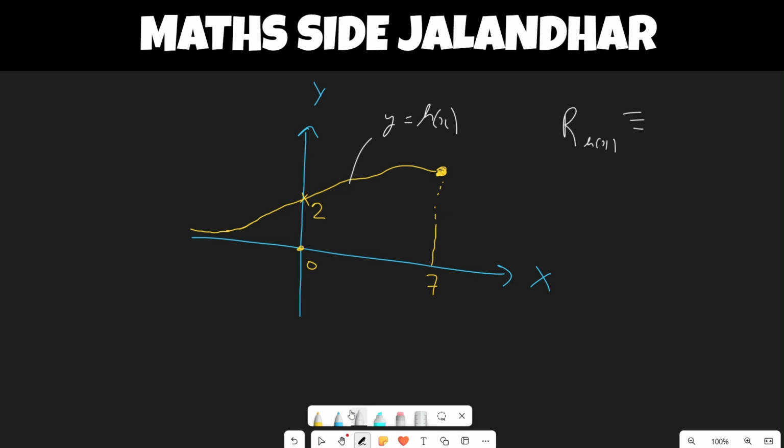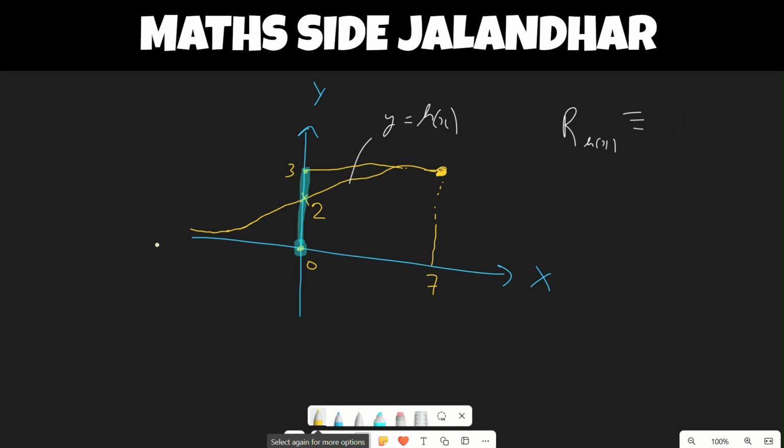So I clearly see, if I focus on the y-axis, the lower end is 0, and this yellow graph is approaching 0, and if I look here, suppose it reaches 3. So our graph is between 0 and 3, because here is a full dot, so I consider 3 in this range.